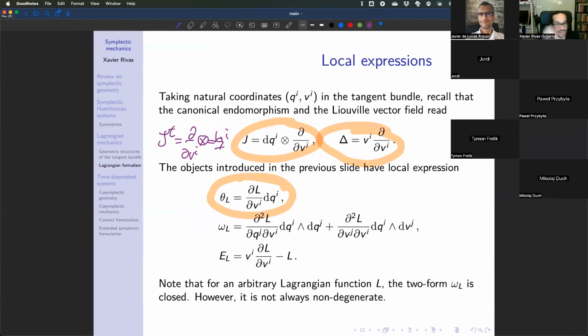Of course, some of you may know a thing or two about Lagrangian and Hamiltonian mechanics in Rn. Maybe some of you are familiar with these things, and some of you will know that this is the momenta somehow. So you can see that in coordinates it somehow coincides with the Liouville 1 form.